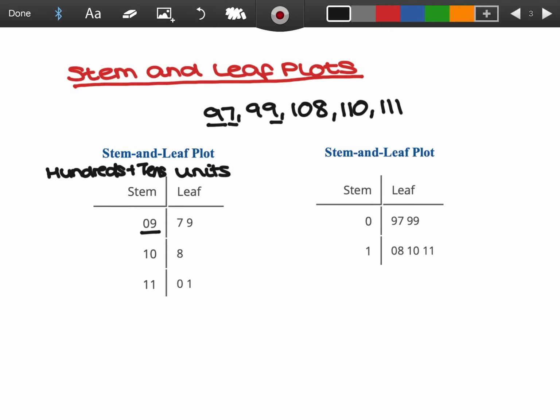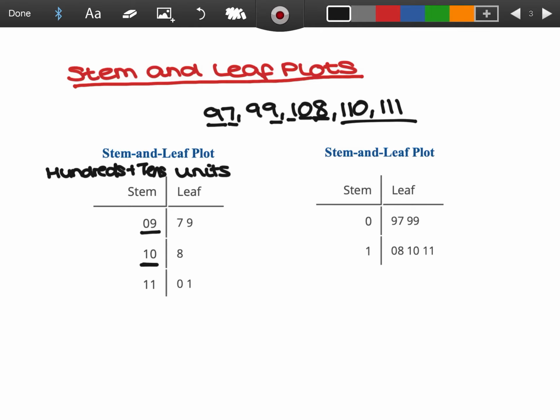Now our next stem, we have a 1 in the hundreds column and a 0 in the tens column. So our stem is 1, 0. The only unit that goes with 1, 0 is our unit 8. We have no other terms that start with 1, 0. They all start with 1, 1.